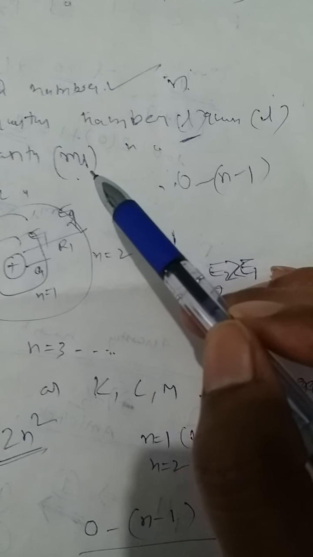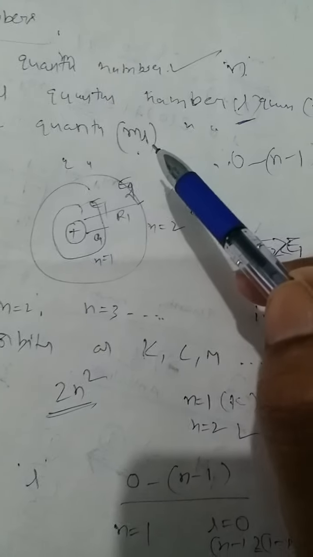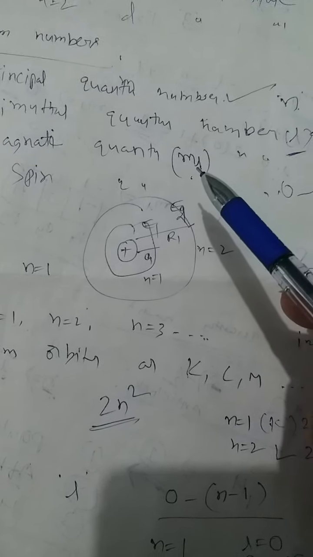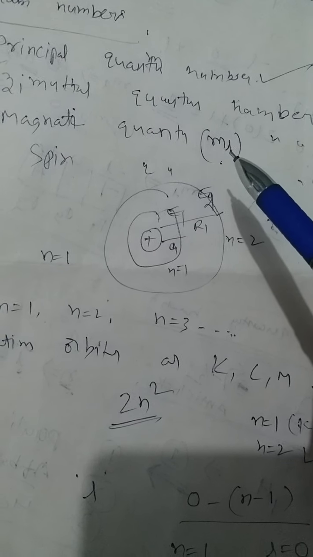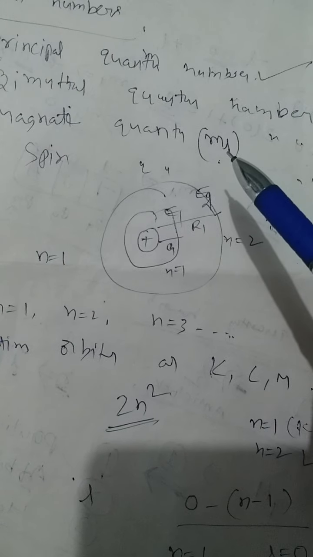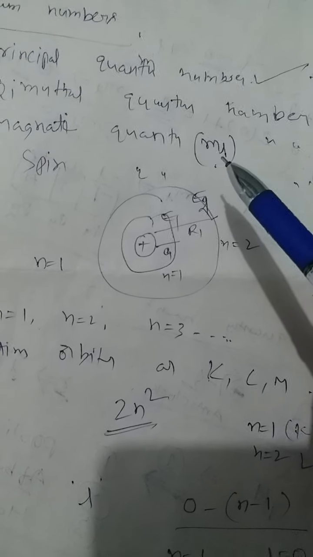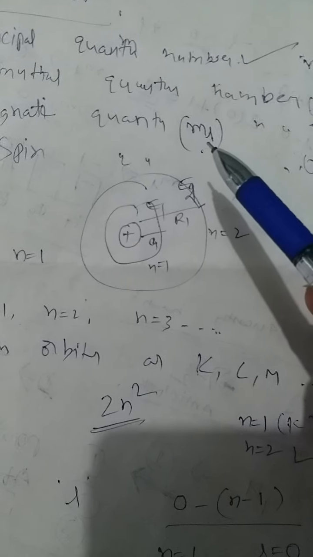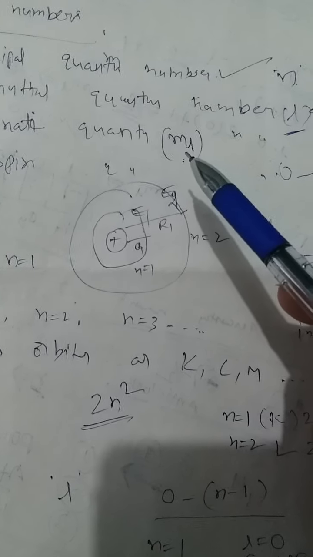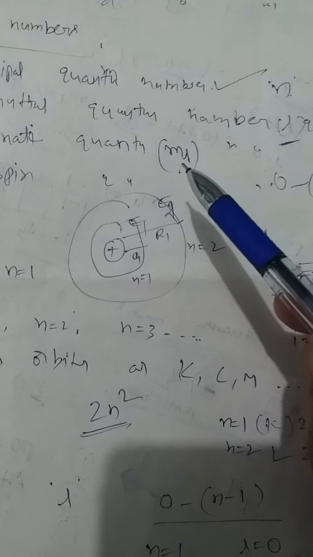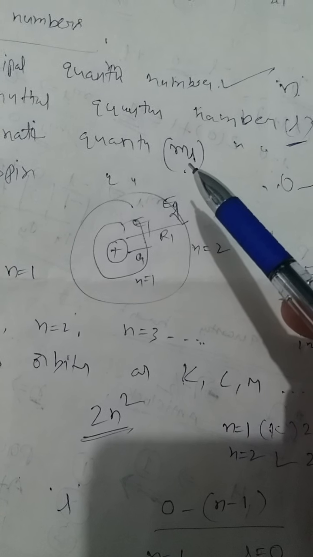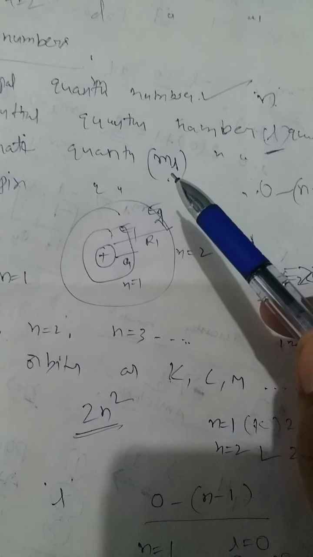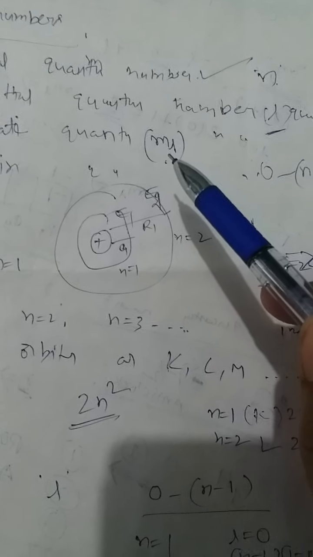This ml value was introduced by Lande. The ml values give information about the orientation of orbitals present in substationary states, which are degenerate. Degenerate orbitals have almost equal energy.